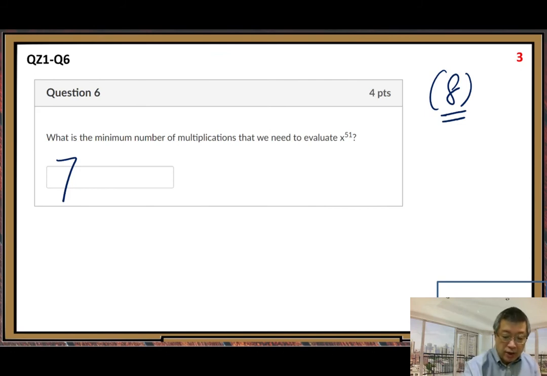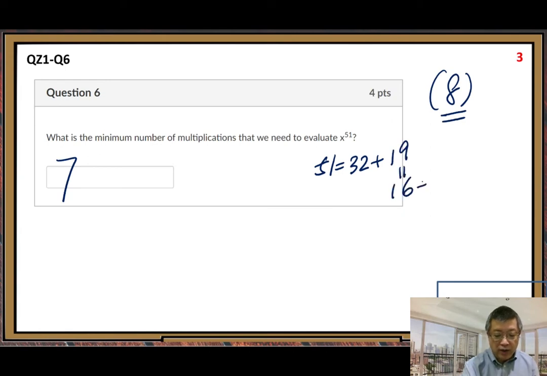Because 51 equals 32, a power of 2, plus what? 19, right? 19 you may write as 16 plus 2 plus 1. Now to get x to the 32nd power, you need 5 multiplications.